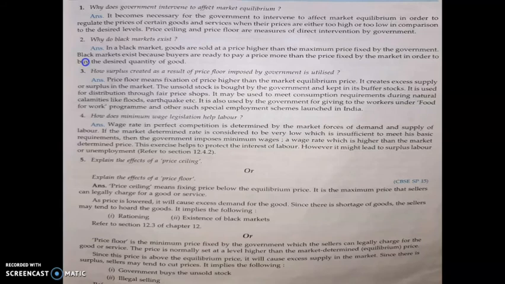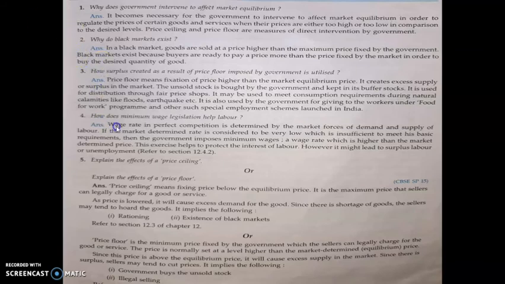So this excess supply will be purchased by the government at the fixed price, and this stock will be used during the time of natural calamity, and also used by the government for various employment schemes like Food for Work, etc. So that is the implication of price floor.